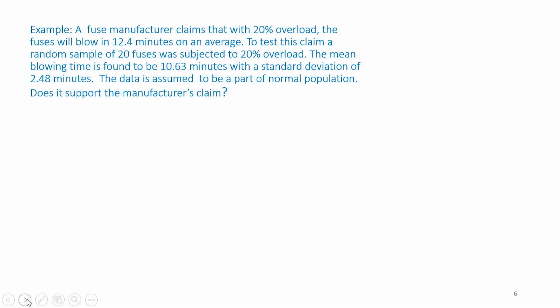Now we will take an example to understand it further. So let us read a numerical problem. A fuse manufacturer claims that with 20% overload, the fuses will blow in 12.4 minutes. You all know about the fuse.